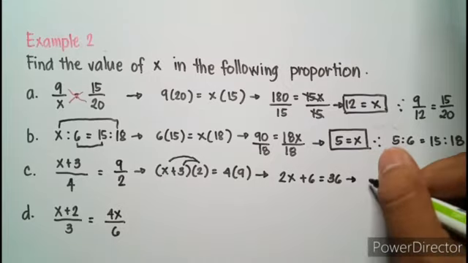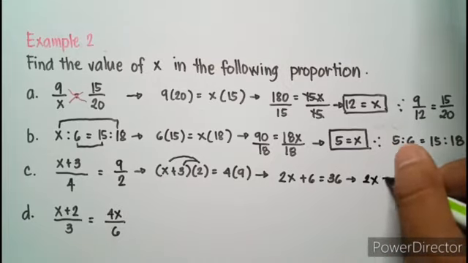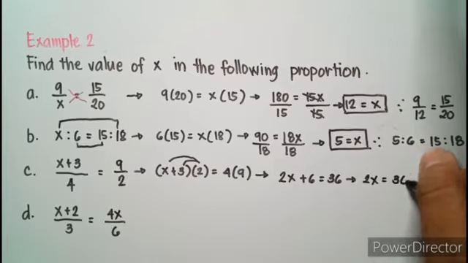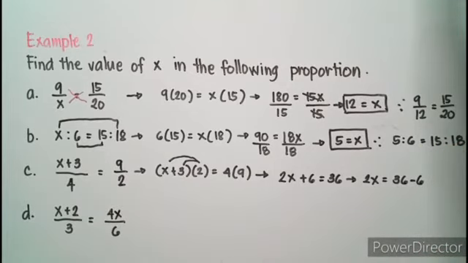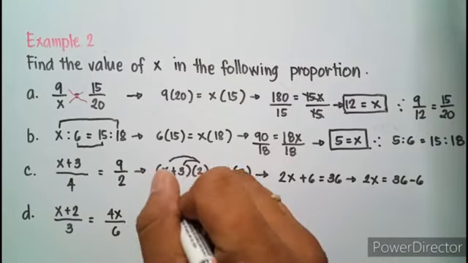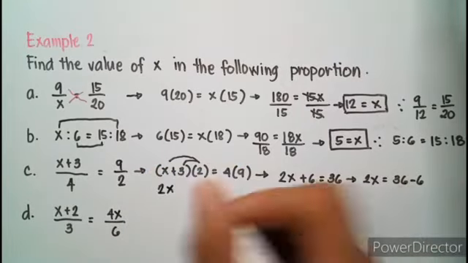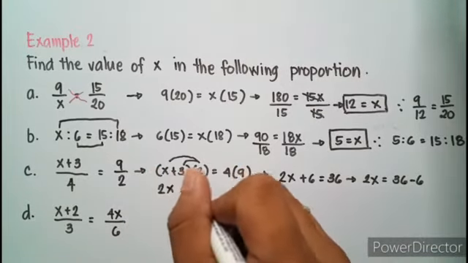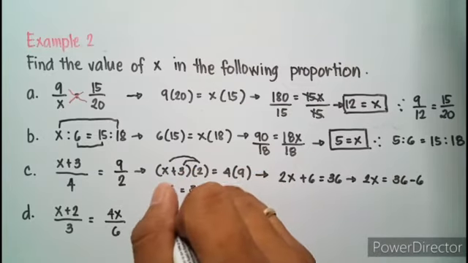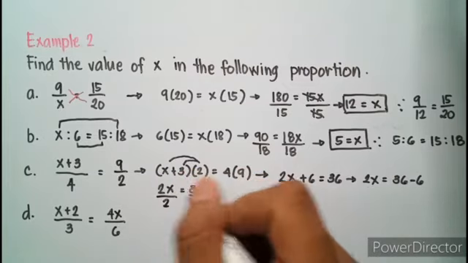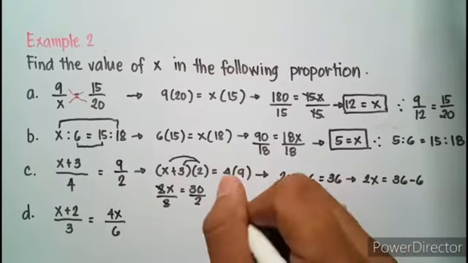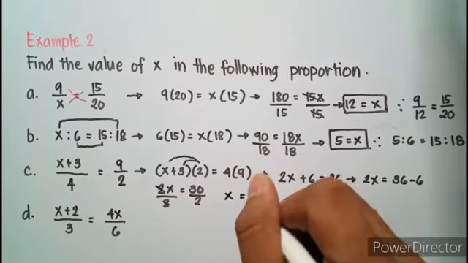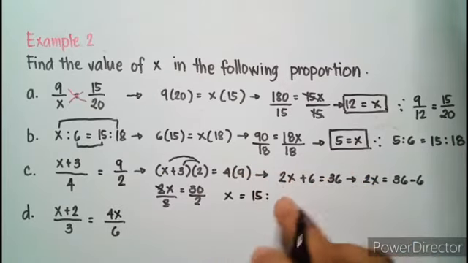So that will become 2x is equal to 36 minus 6. 36 minus 6 is 30. Then divide both sides by 2. So cancel 2. Your x is equal to 15.